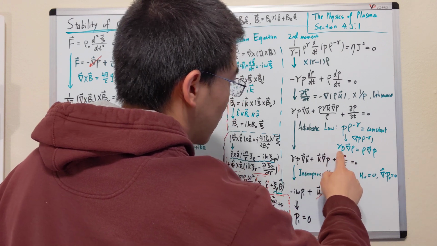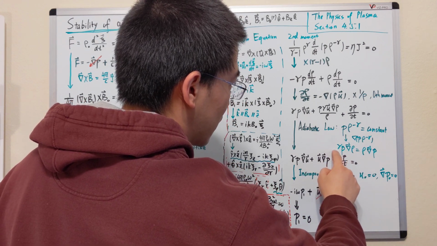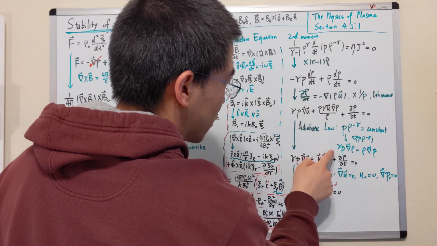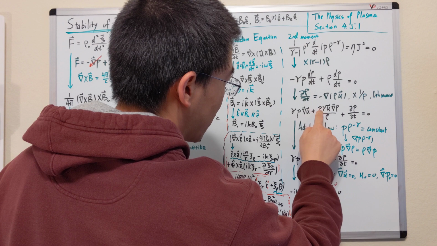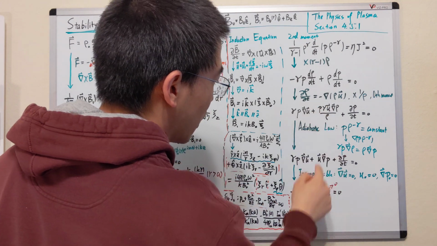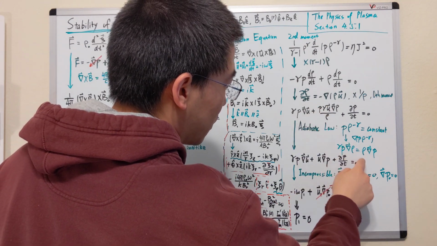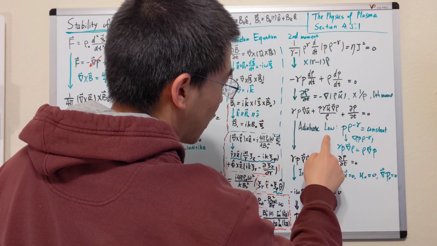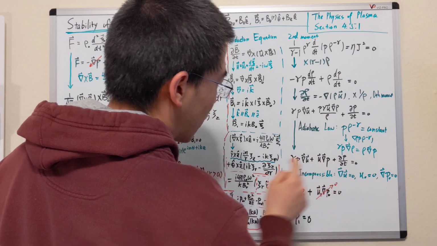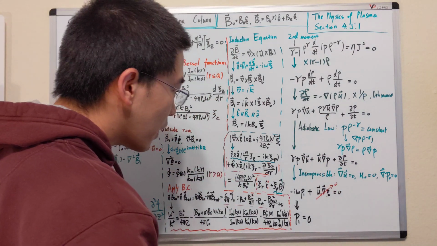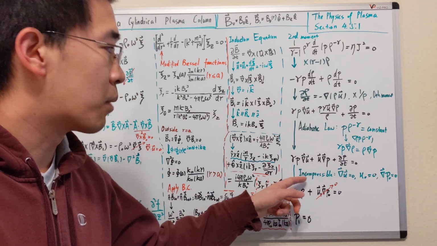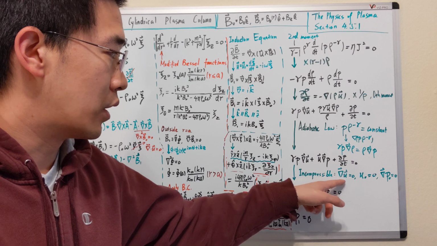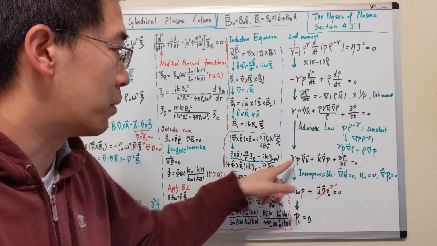Substitute this thing, you can see gamma p grad rho, gamma p grad rho, so it will become u rho grad p divided by rho, then it will become u grad p. Since we're assuming the fluid is incompressible, grad u is zero, so this becomes zero.